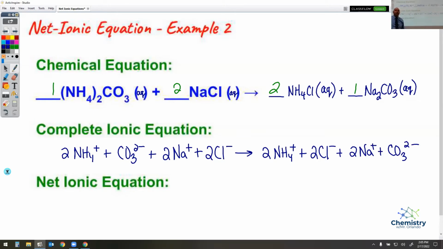Now it's time to eliminate spectator ions. So first, 2 ammonium ions, 1 carbonate ion, 2 sodium ions, 2 chloride ions.